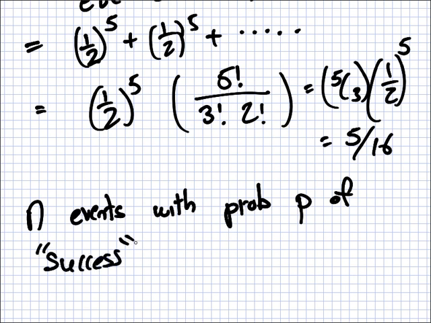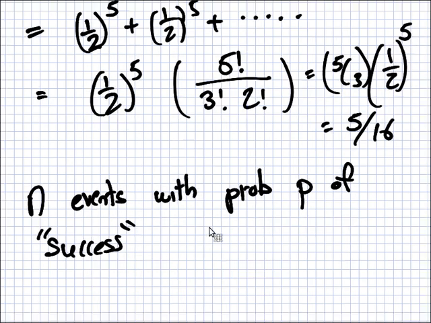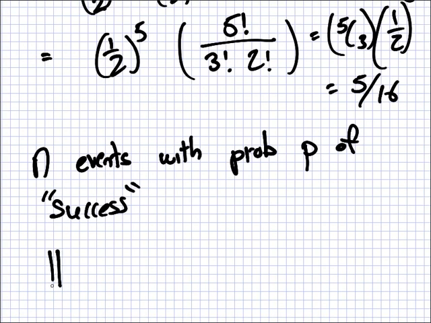Here, success might mean getting heads, it could mean vote yes, whatever you want to call the positive in your 2 outcomes. N events of probability P. And the question is, what is the probability of getting X successes, X heads, X whatever it is?